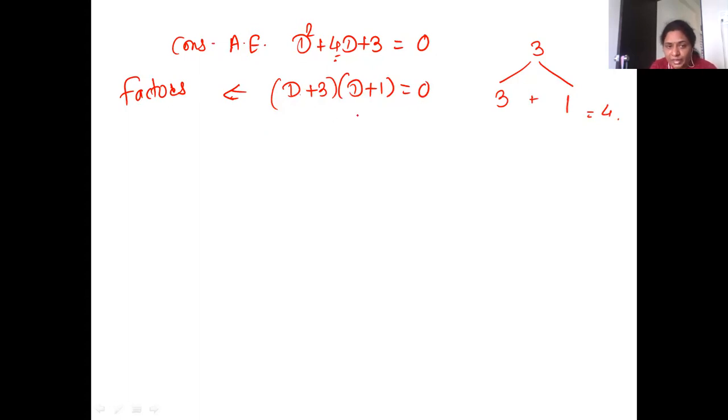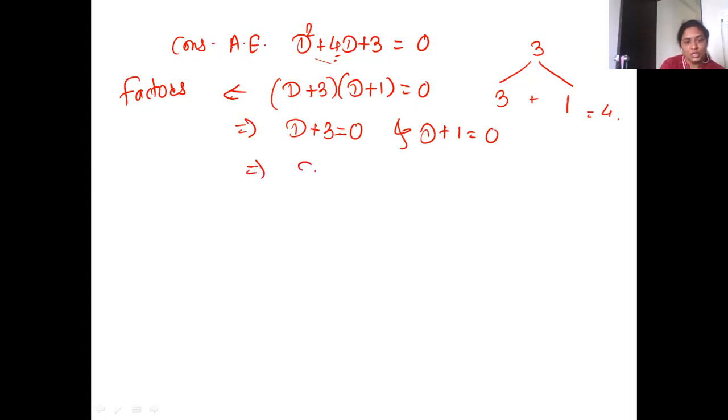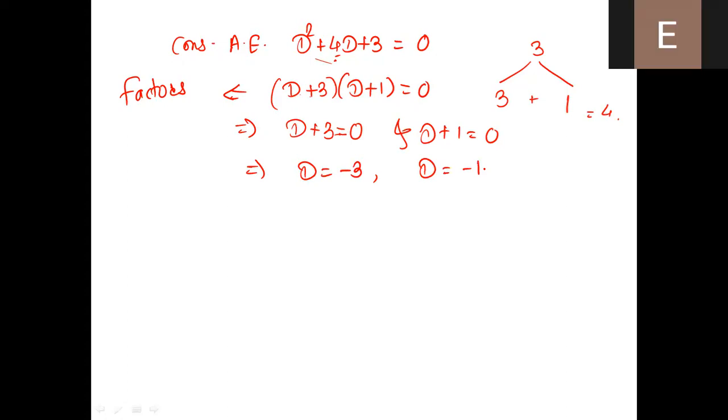If we multiply this together, we get the same equation again, so they are called factors. Both are equal to 0. So d plus 3 is 0 and d plus 1 is 0. So d is minus 3 and d is minus 1.